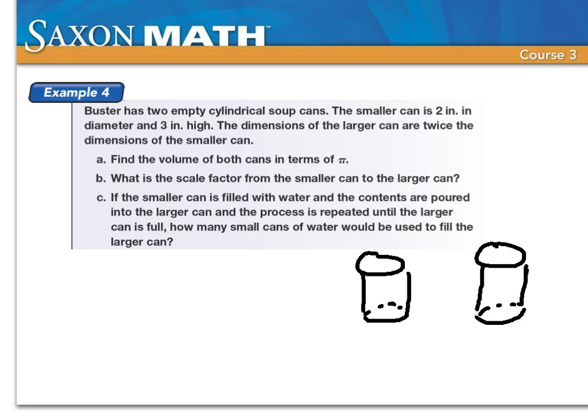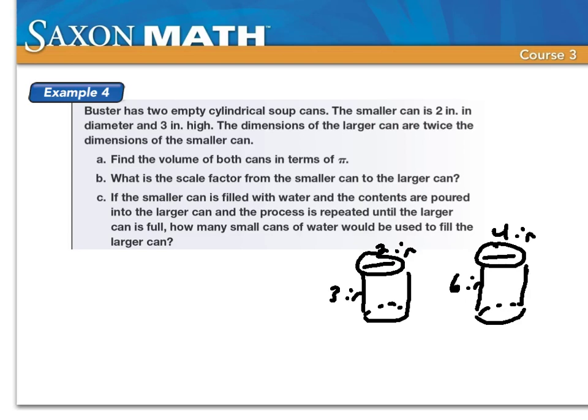It says the smaller can is 2 inches in diameter, so our circle has a 2-inch diameter, and it is 3 inches high. And the other can's dimensions are twice the dimensions of the smaller can, so the diameter is 2 times this one, which is 4 inches, and the height is 2 times the 3 inches, so 6 inches.